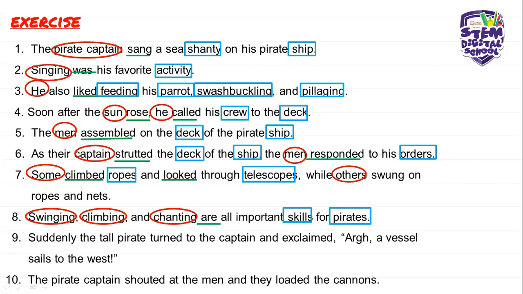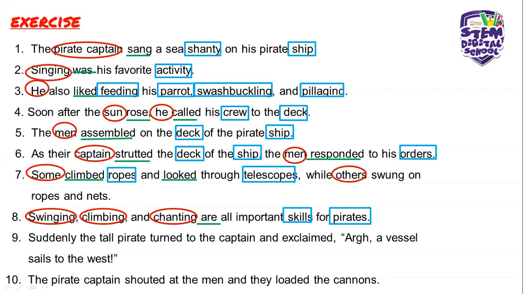Okay, do you see number 8? It looks the same as number 2. If it's in a blue box, then it is the object. Okay.